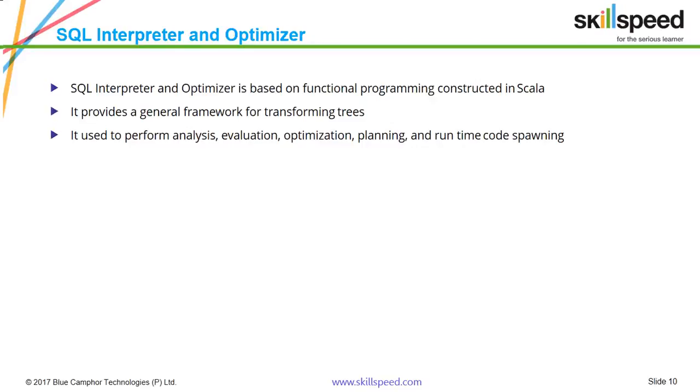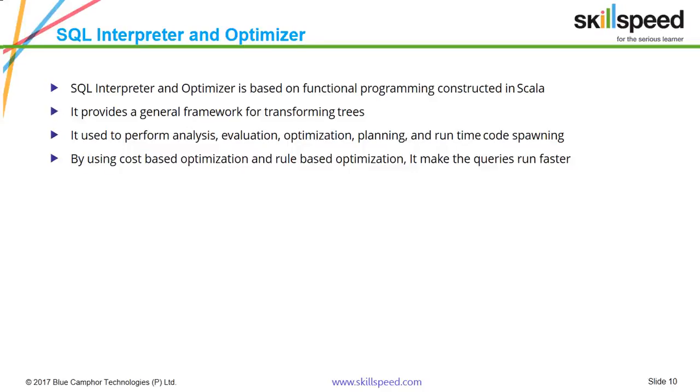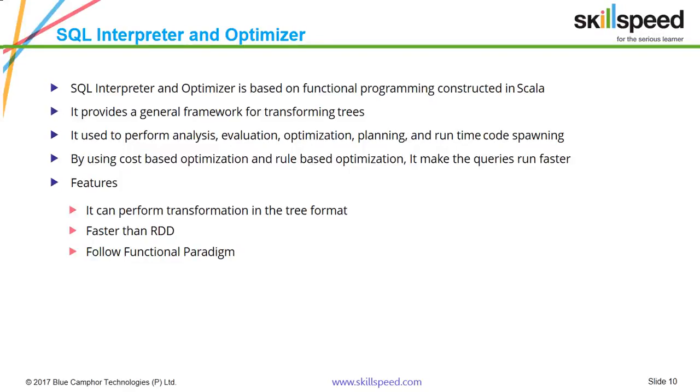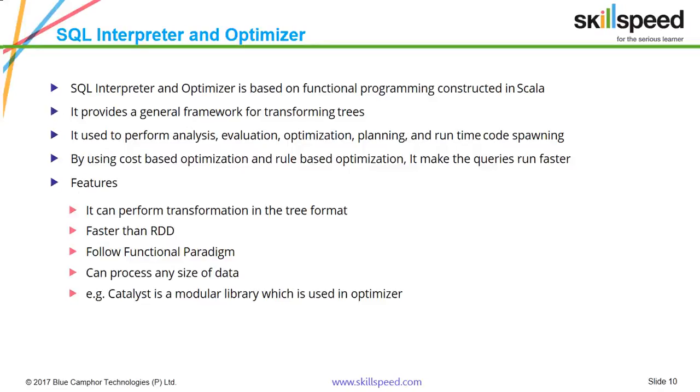Now, the interpreter and the Catalyst optimizer are used to reduce the cost and run your queries faster. Now, some of the features of the interpreter and optimizer are that the transformations are on a tree format, and this is indeed faster than the RDD, and it follows the functional paradigm, and any size of data can be processed.